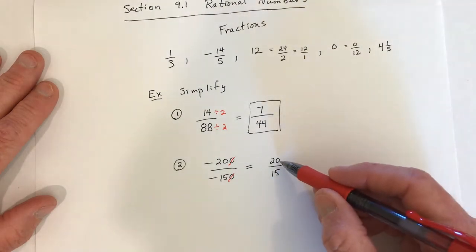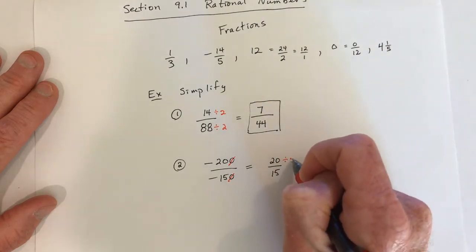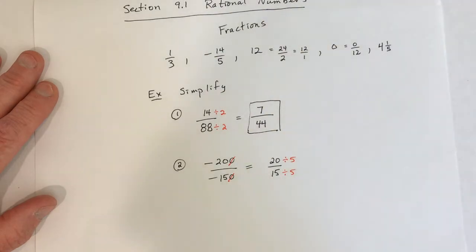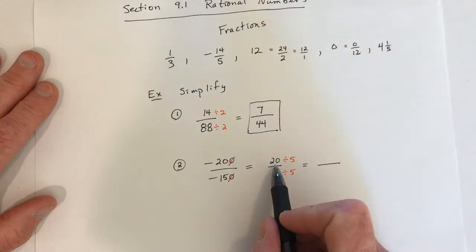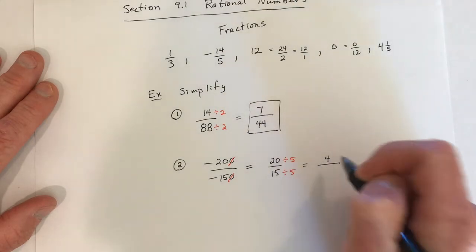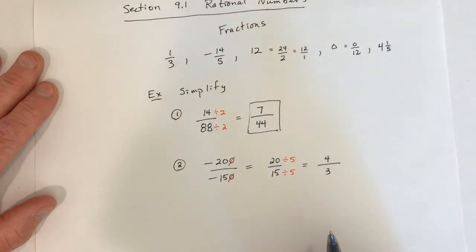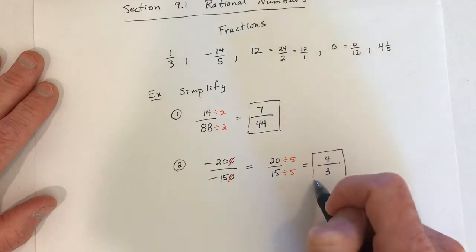And when numbers end in 0 or 5, that means they can be divided by 5. So divide the top and the bottom by 5. And then it's going to leave 20 divided by 5 is 4. 15 divided by 5 is 3. And this cannot be reduced anymore, so that one is finished.